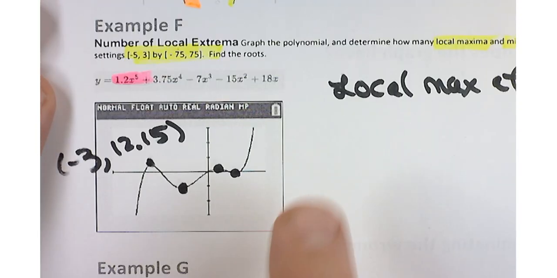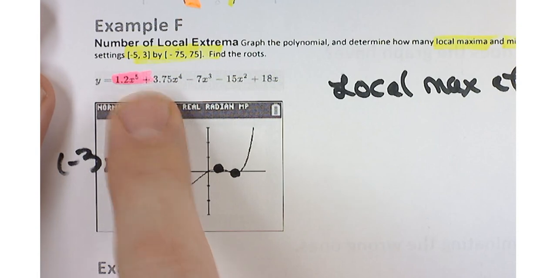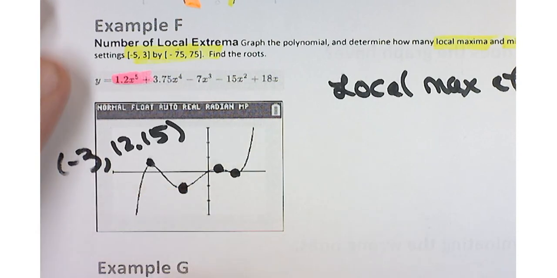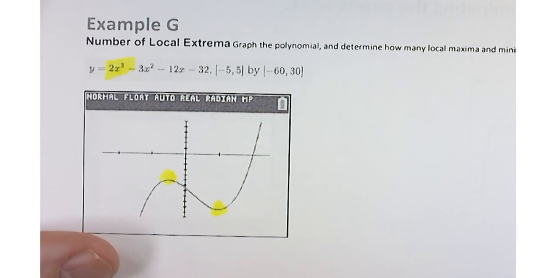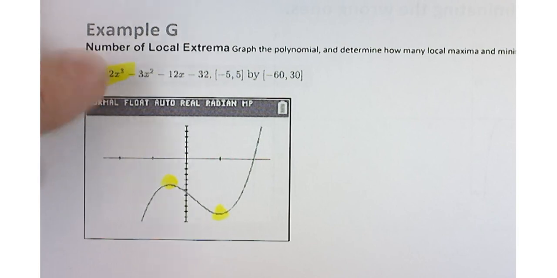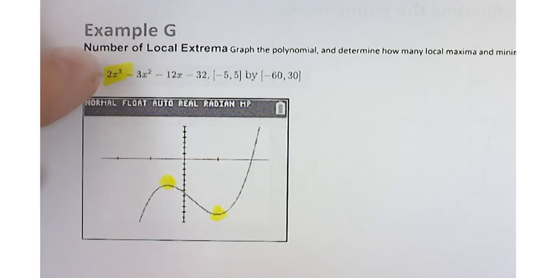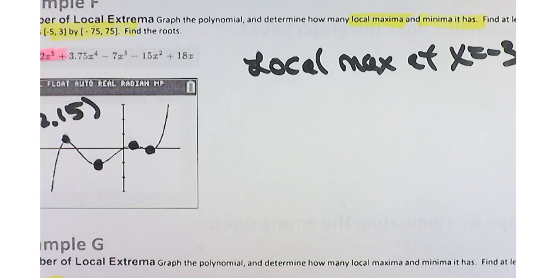We had a 5th degree polynomial here, 4 local mins and maxes. 3rd degree polynomial here, 2 local mins and maxes. It's going to be 1 less than the degree is what you're going to end up with, the number of possible local mins and local maxes.